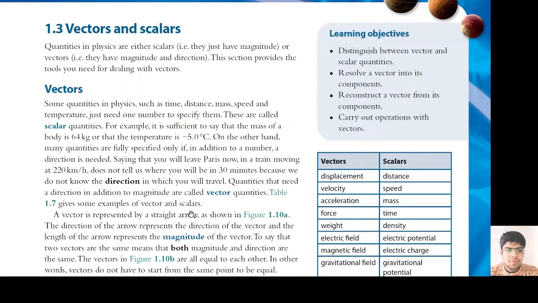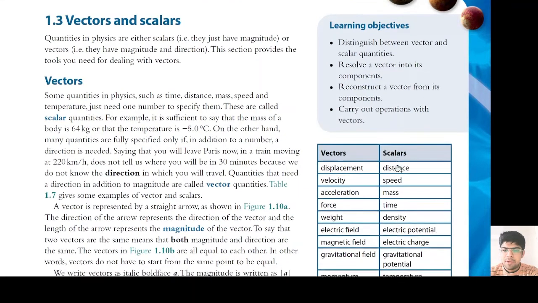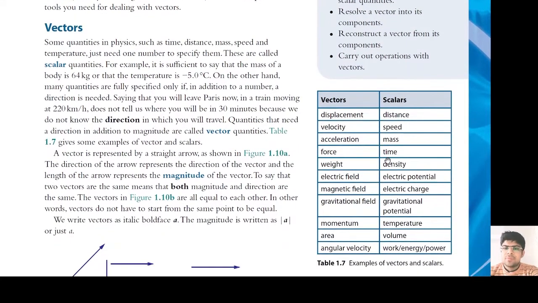We have some examples here in the table. Displacement is a vector quantity, and distance is a scalar quantity, because displacement has both magnitude and direction, and distance has only magnitude and not a direction. Velocity is the same: it has direction and magnitude, but speed just has magnitude.